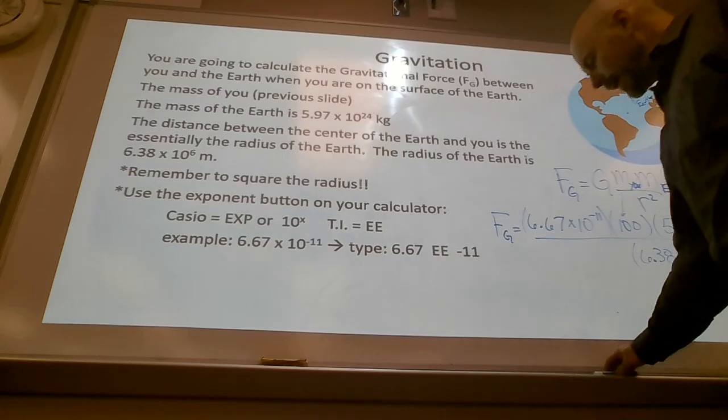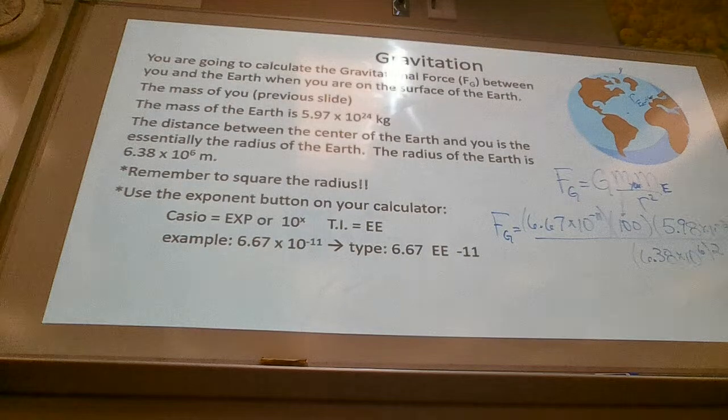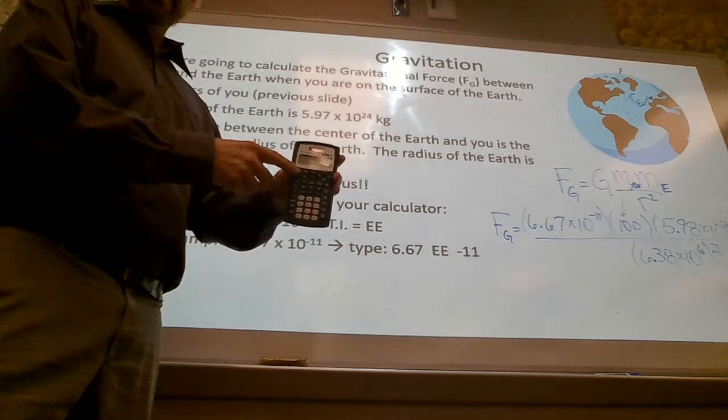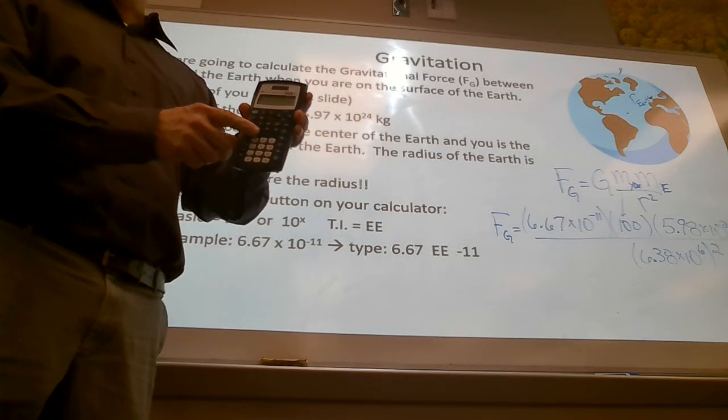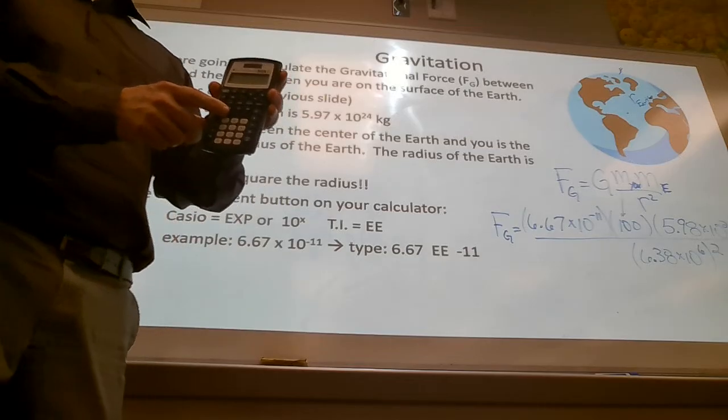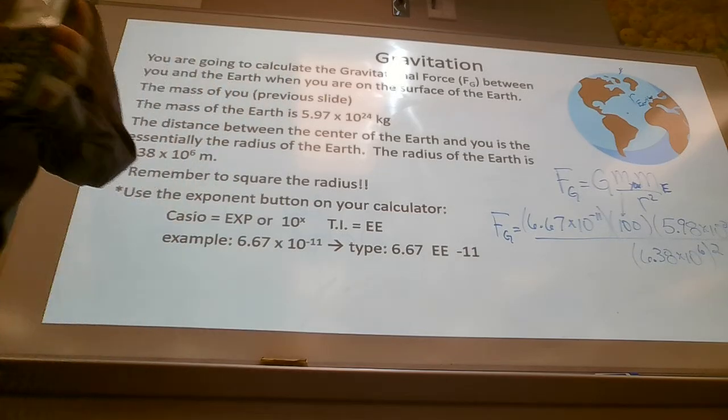Now, in case you don't know how to do scientific notation on a calculator, if you have one of these TI Texas Instruments, most of them have an EE button that is located right here. You go second, and it's right above the X to the negative 1.